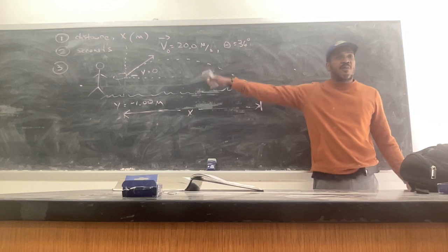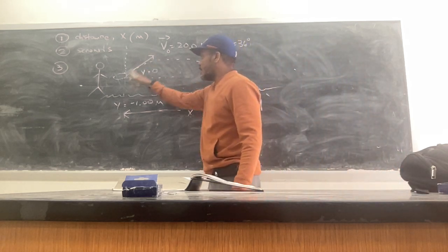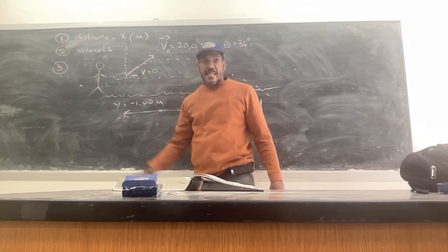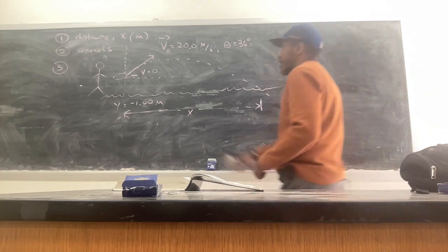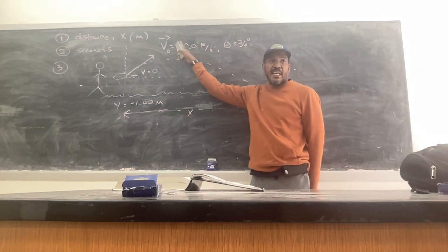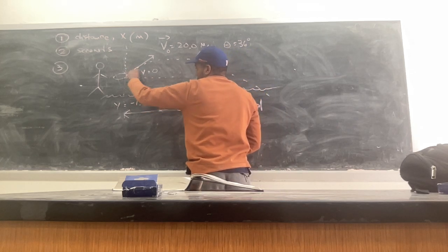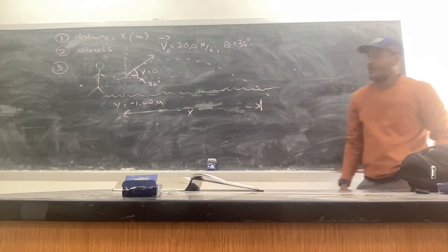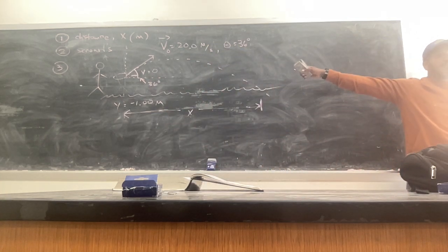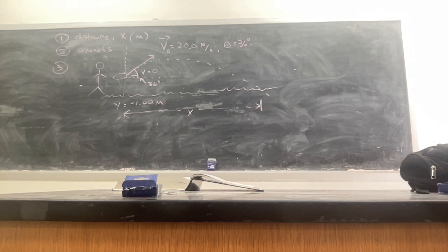Y'all following what I just did there? So this is the vector that represents the speed of the ball, and that's 20 meters per second at 36 degrees. So that's what we've been doing so far. Now you're taking the Cartesian coordinate system and applying it to a real life situation.